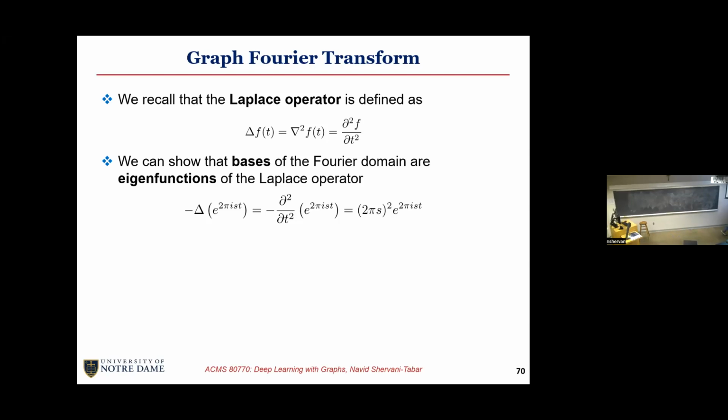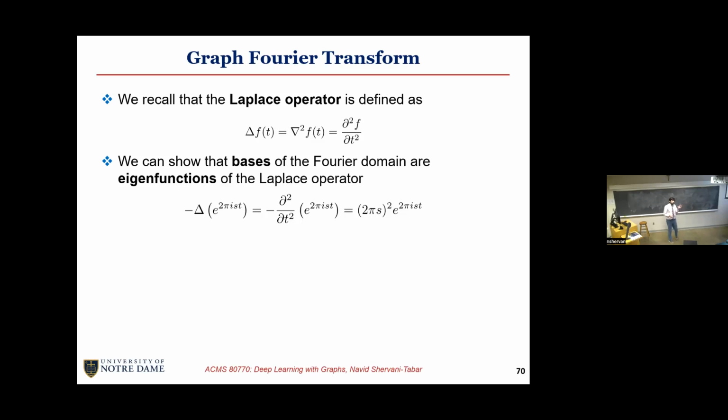And you can see that we have recovered here the exponential basis that we use for the Fourier transform. So essentially, the exponential bases of the Fourier transform are the eigenvectors, or because this is an operator, we call them eigenfunctions of the Laplace operator.